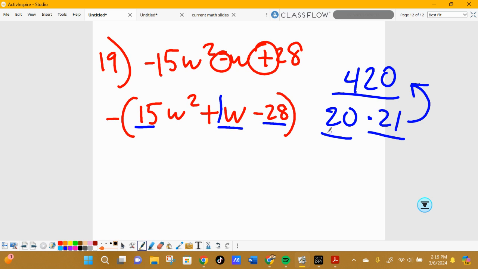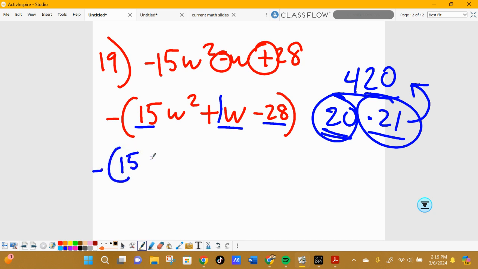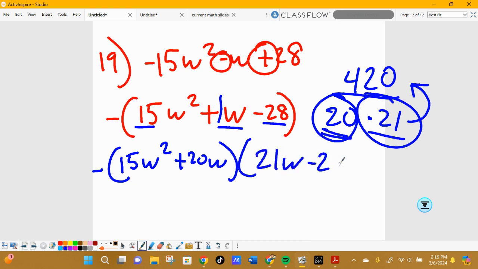I'll do another example of this too, so it's not quite such a big number. These are the two numbers I'm going to break it down into. I'm going to take the 20 with 15 because then I can take out a 5. So then this plus 20w. And then I'm going to break down the 21w minus 28, so I can take out a 7 from both of those.